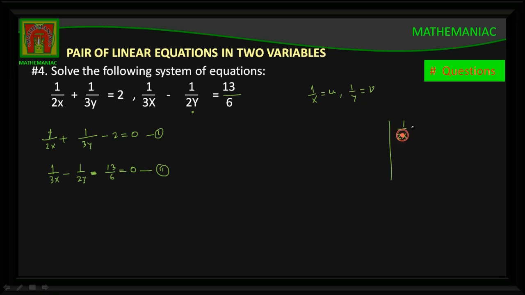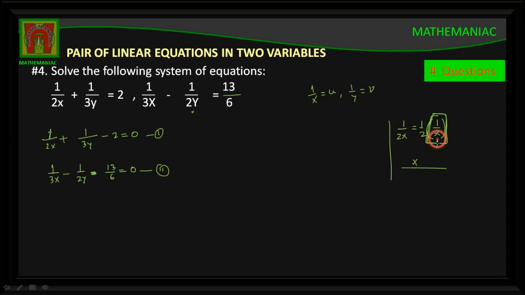1 by twice x, I would like to visualize as half times 1 by x. So earlier I had x here, but this time I'm having 1 by x. Earlier, when I applied the cross multiplication method, in the numerator I wrote x and below it something.